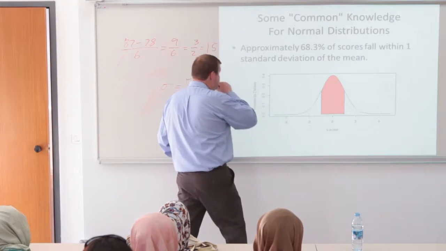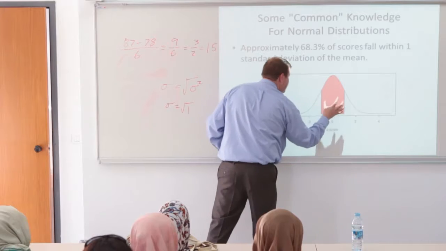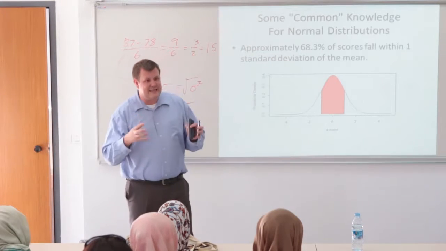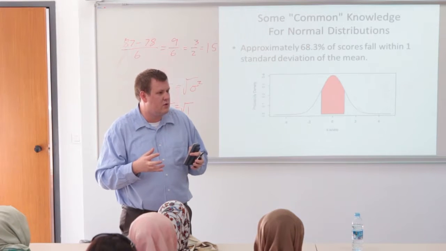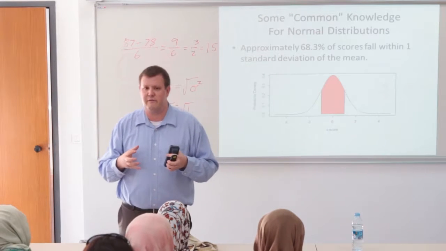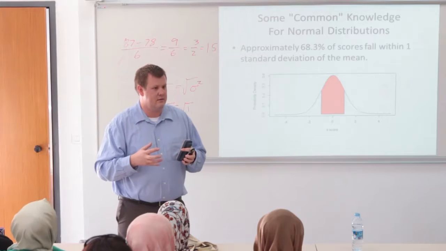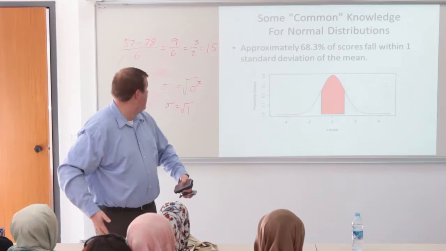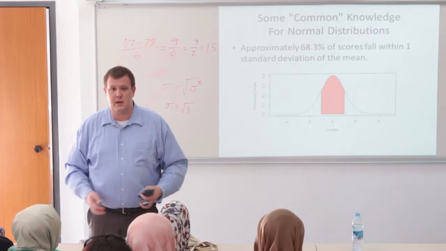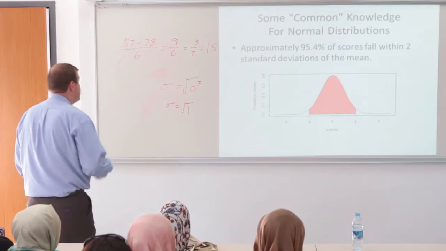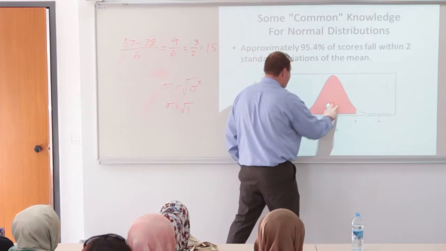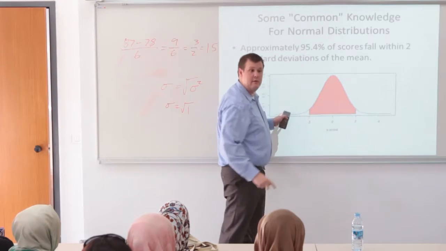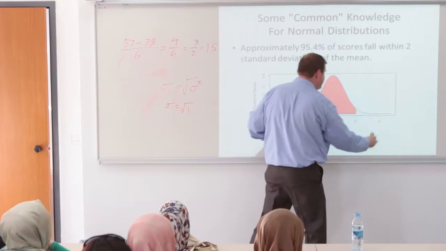So for normal distributions, almost 68% of the scores will be one standard deviation away from the mean. Then 2 standard deviations away from the mean. Now we're just adding up all of this area. The total area is going to equal 1, right? So the sum of all of this stuff is going to equal 1.